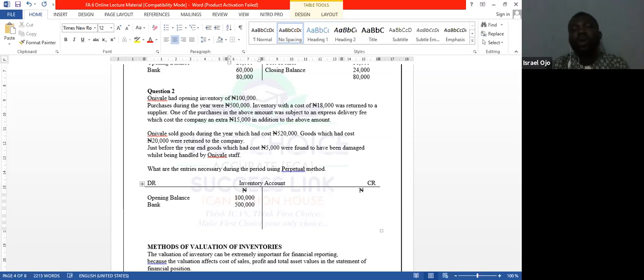Inventory with a cost of 18,000 was returned to a supplier. So what we are going to do here is reduce the inventory. And how do we reduce inventory? We credit it. So we put the figure on the right-hand side of the T format.